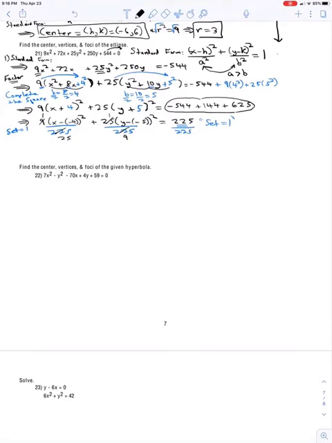We reduce that to 1/9. And then here's our 1. So in the end, our standard form, we end up with x minus -4 squared over 25 plus y minus -5 squared over 9 equal to 1.